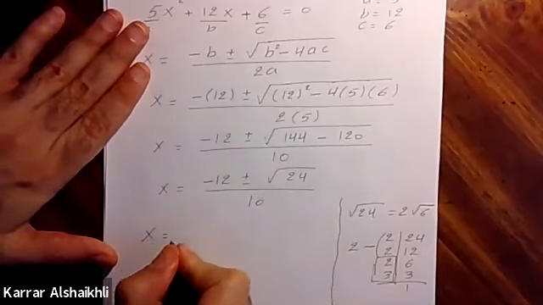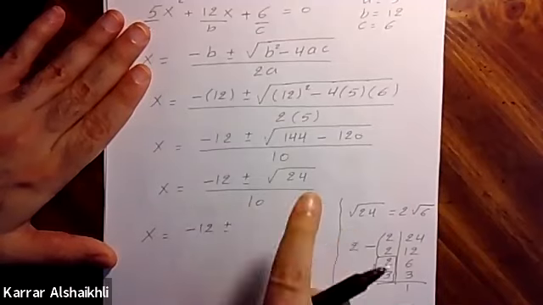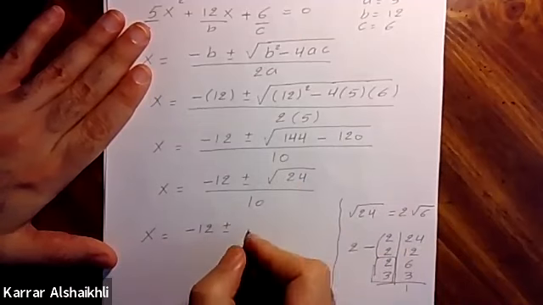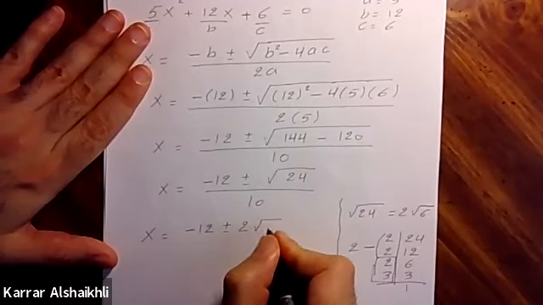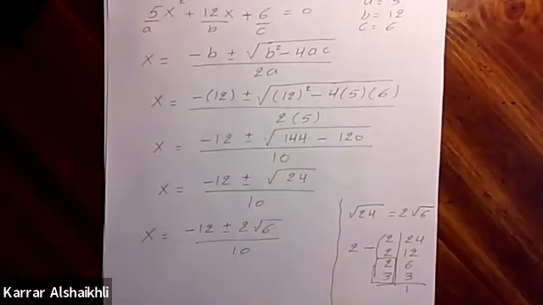That means x is going to be equal to -12 plus or minus, and instead of 24, I'm going to write down 2 square root of 6, over 10. Now, if you check the top part, we have a common factor between -12 and 2 square root of 6.